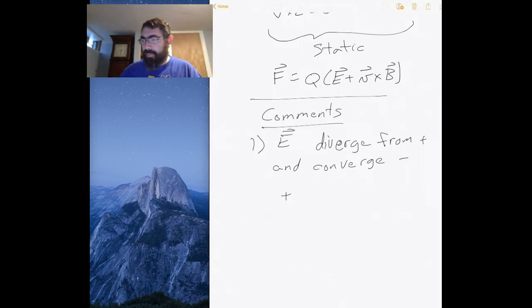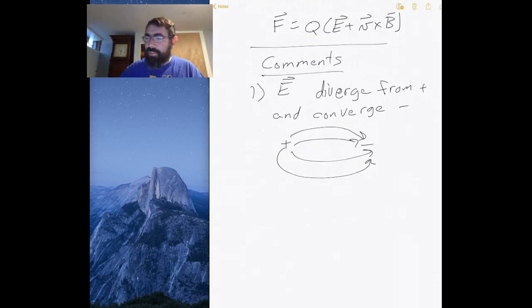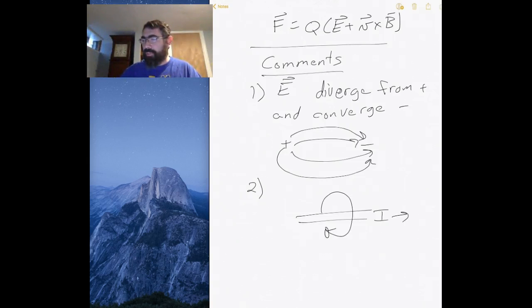So I have some positive, I have a negative. The electric field now is going to be going from positive to negative. Magnetic fields curl around currents. So if I have a current moving in this direction, I now have a magnetic field which loops around the current like so.